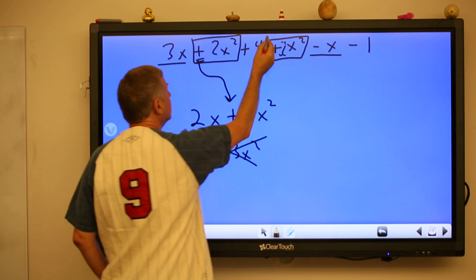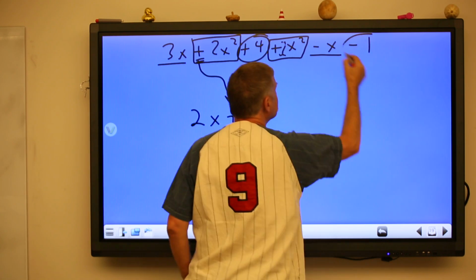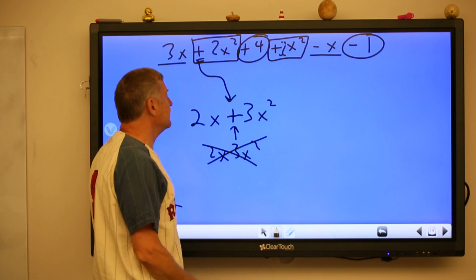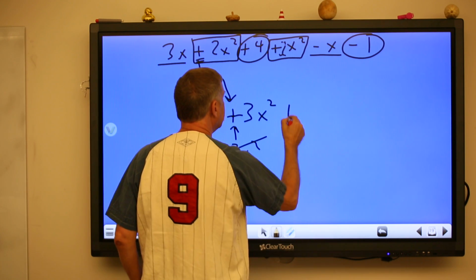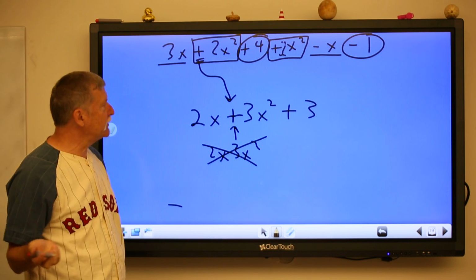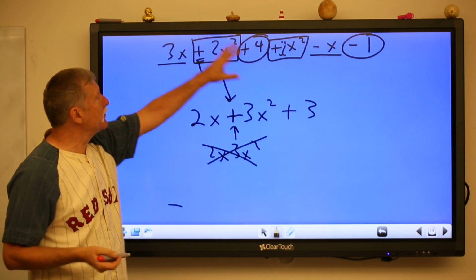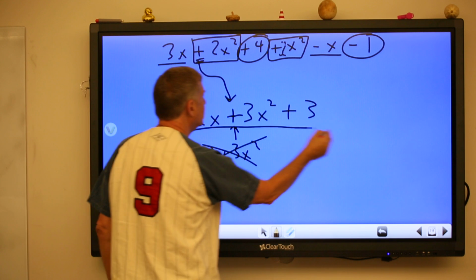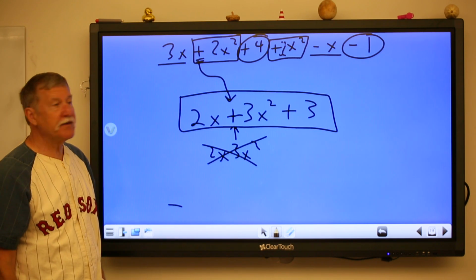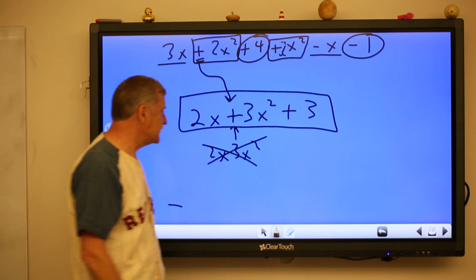And then I've got a plus 4 and a minus 1. I can combine 4 minus 1 and get a plus 3. And again, you have to have plus 3 here to separate the terms. And so this whole mess on top becomes much simpler with this on the bottom after we combine like terms.